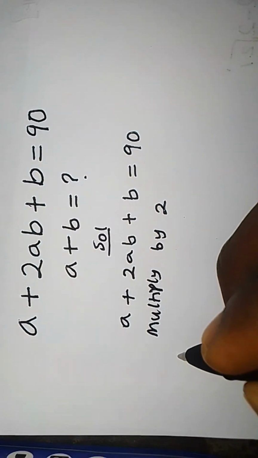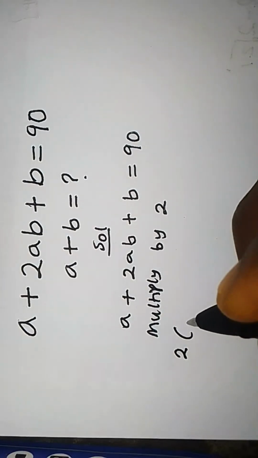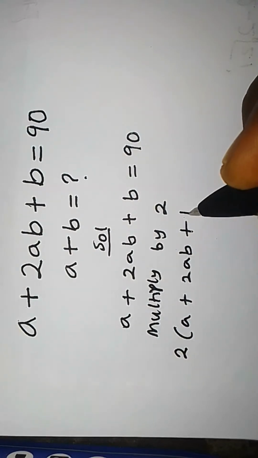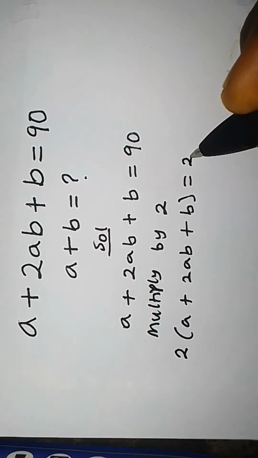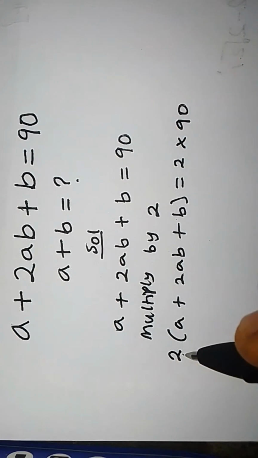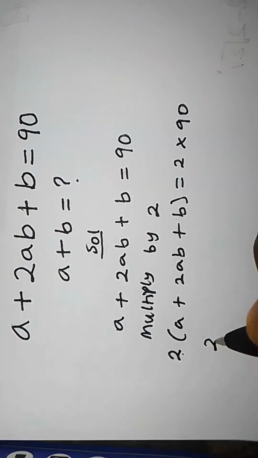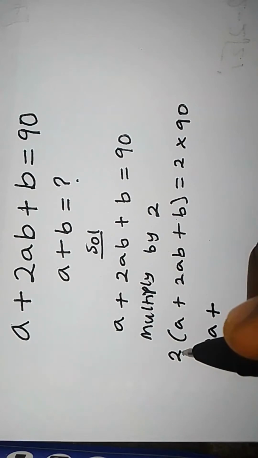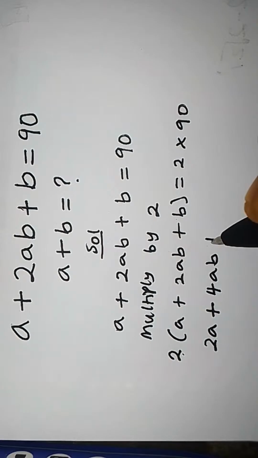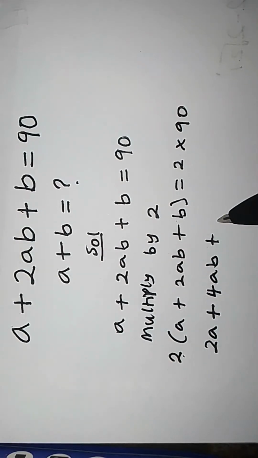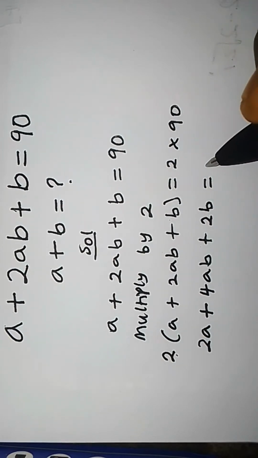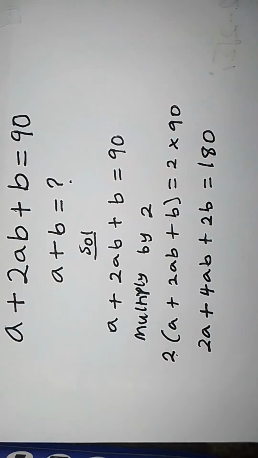So that will be 2 times (a plus 2ab plus b) equal to 2 times 90. Let's open this bracket. 2 times a, 2a, plus 2 times 2ab, 4ab, plus 2 times b, 2b, equal to 2 times 90, that is simply 180.